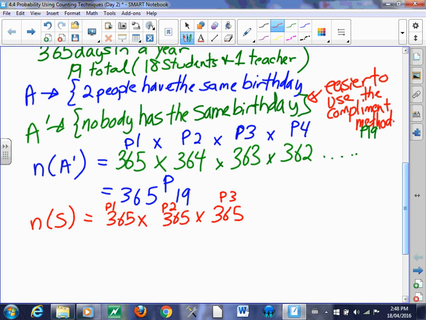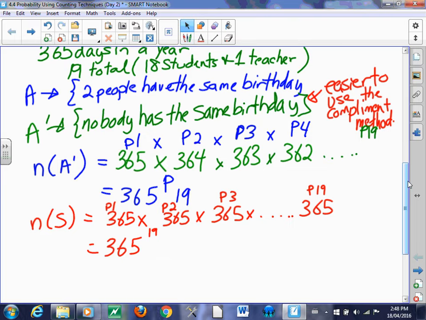Each of them has 365 days, and we multiply that all the way to person 19. So the base stays the same and we multiply it by itself 19 times, so it's to the exponent 19.